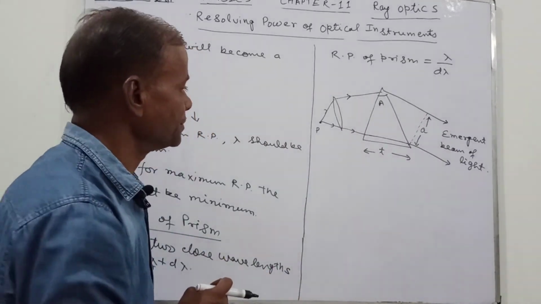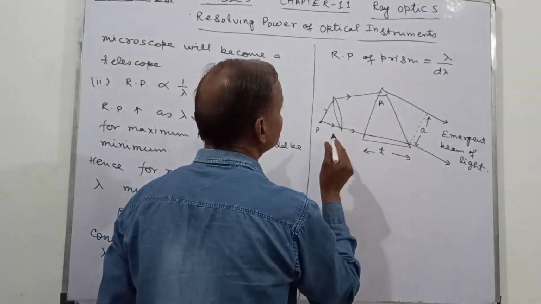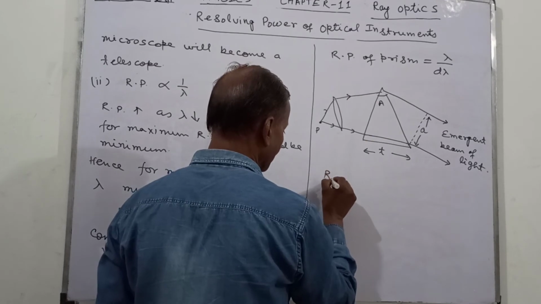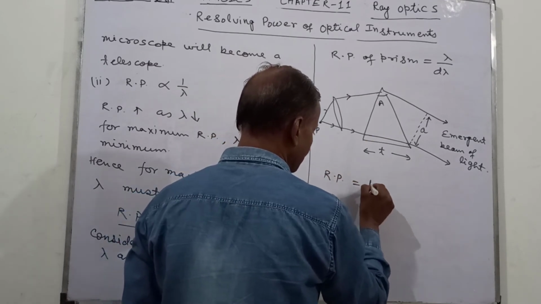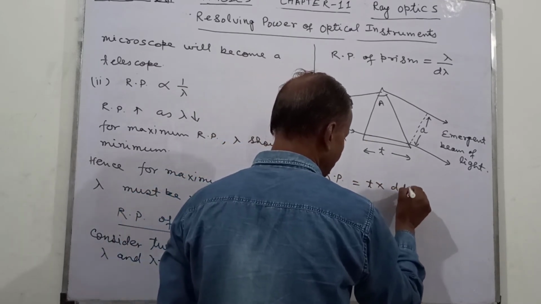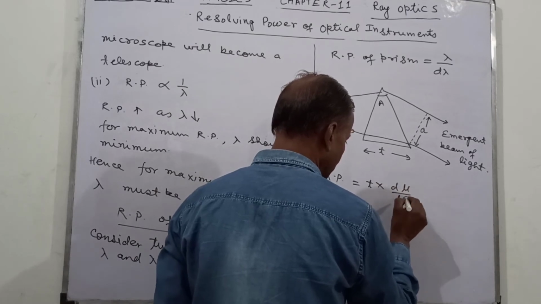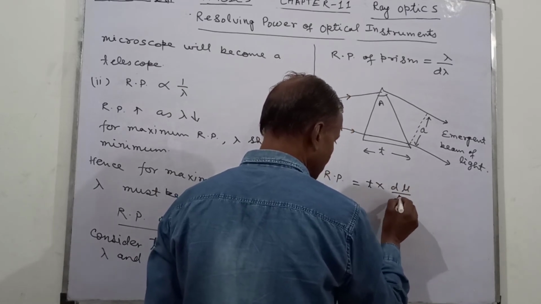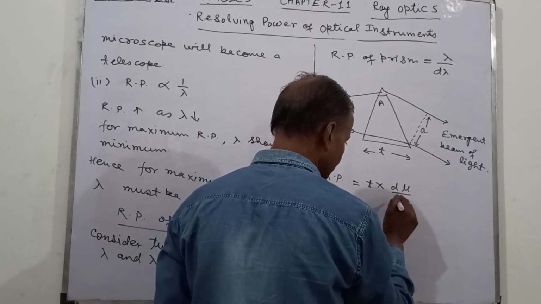T is the thickness. So this Rp is equal to T into d mu upon d lambda.